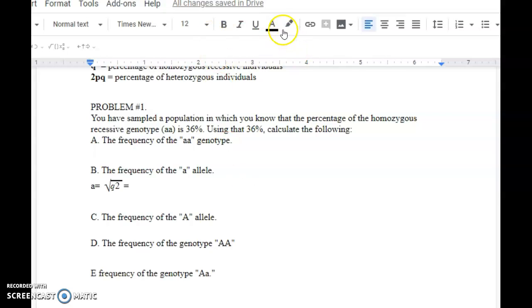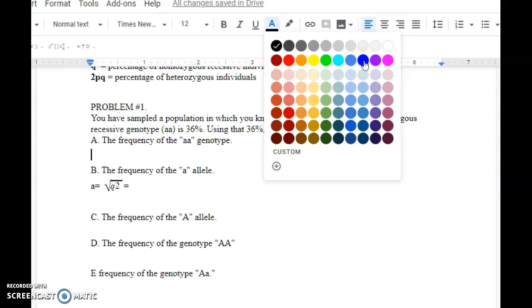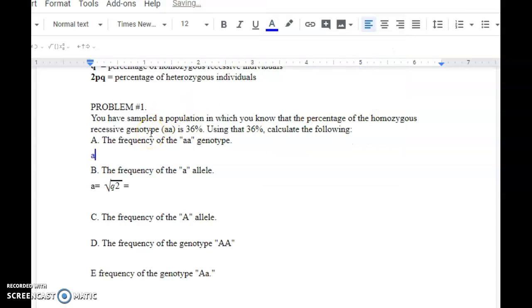All right, so little a basically equals 36%, or 0.36. We always change it to a decimal.